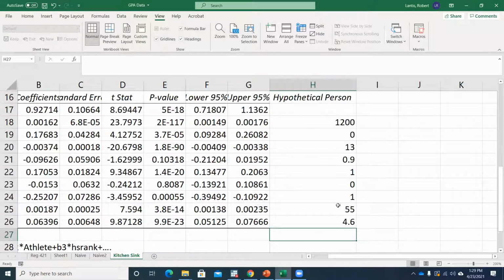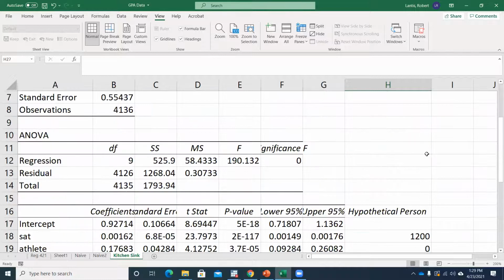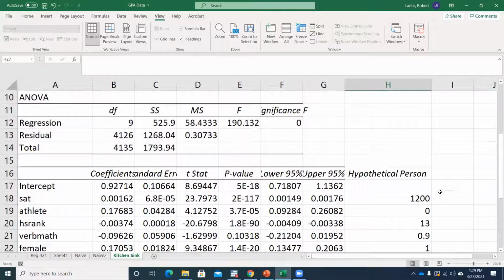So I've got this hypothetical person with all their X values. Now it's just a matter of taking each coefficient, multiplying it by that hypothetical person's value for that variable, and then adding them all up. Also, don't forget to add in the intercept, right? I'm just taking the coefficient and multiplying it by the X variable.